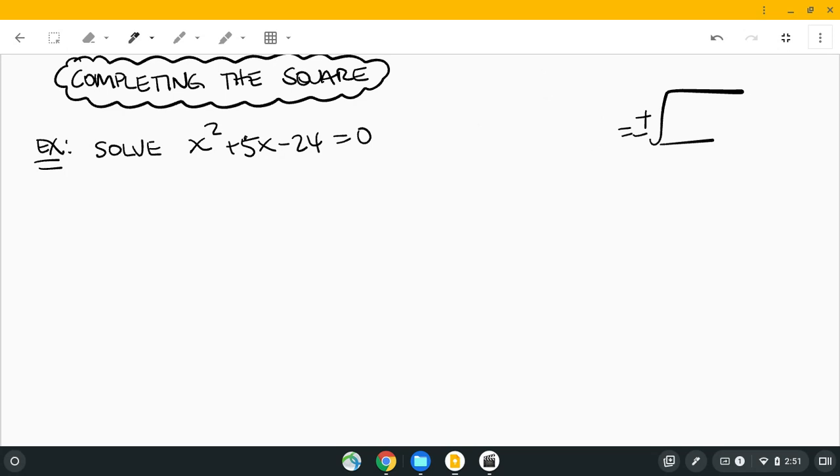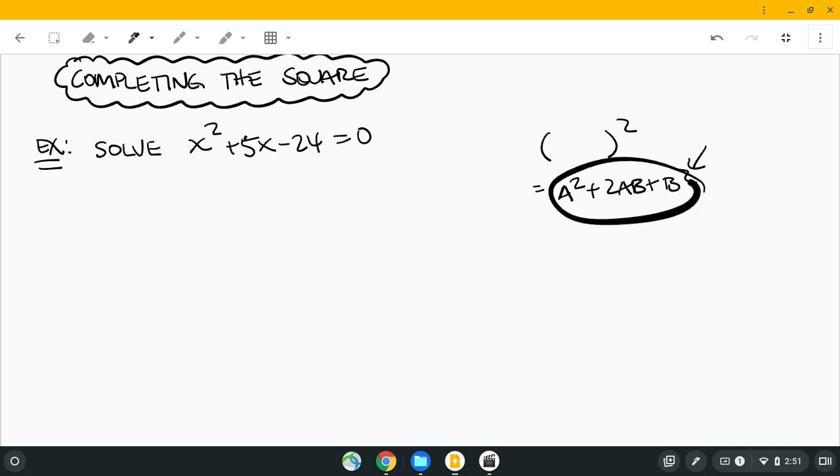So we're trying to aim for that. If you remember, the only way this is going to be a perfect square is if it has a trinomial of the form a squared plus 2ab plus b squared. So we need to make sure that this fits all of this.